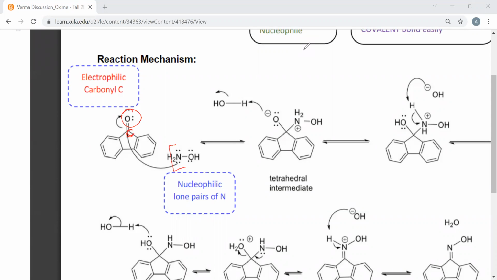And moreover, nitrogen nucleophiles are very strong nucleophiles. So if you look at the order carbon, nitrogen, oxygen, nucleophiles are strong, but nitrogen nucleophiles are very strong, and carbon nucleophiles are the strongest of this lot.